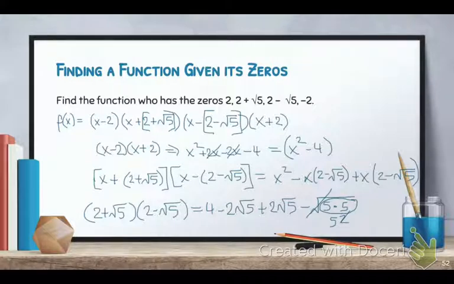And then we also notice that minus 2 square root of 5 will cancel out with the positive 2 square root of 5. So all we're left with really is 4 minus 5, which actually simplifies to negative 1, right? So this canceled out, that canceled out. So from that second part of all of your zeros, you have x squared minus 1, okay?